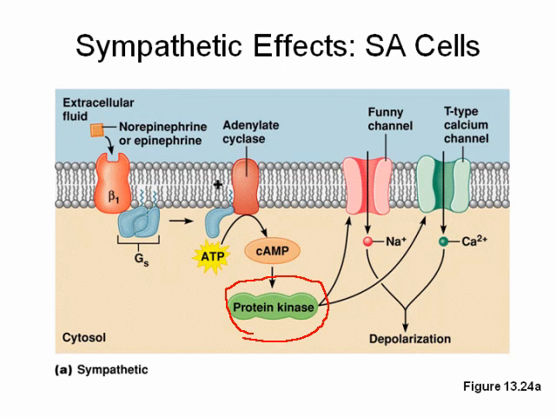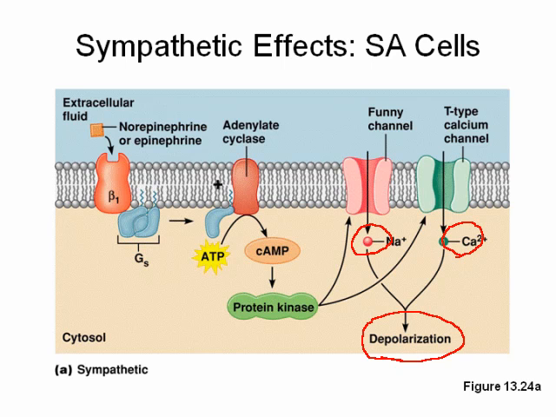That is going to activate more protein kinase, which is going to open up the funny channel, allowing more sodium in, as well as open the T-type calcium channel, allowing more calcium in. And of course, those two ions together coming in more rapidly is going to produce a more rapid depolarization.